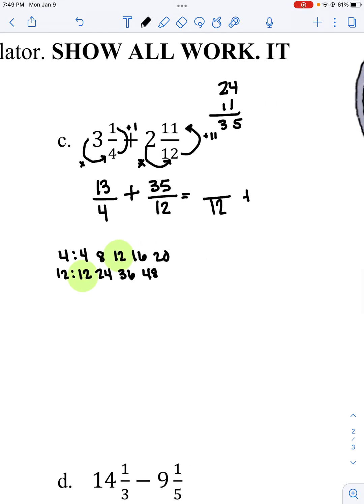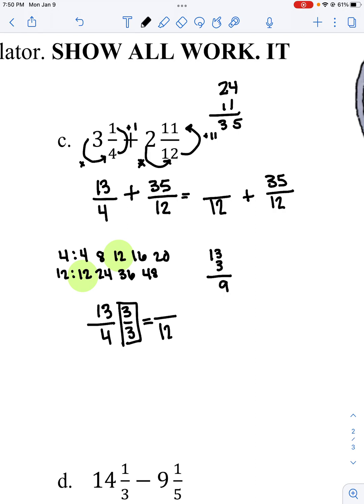So I am going to rewrite my fractions out of 12. 35/12 is already out of 12. 13/4, use a giant 1. 4 times 3 is 12. I have to put 3 in the numerator. 13 times 3, 3 times 3 is 9. It's 39.